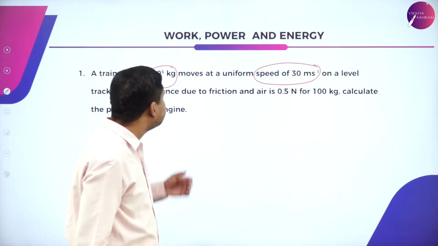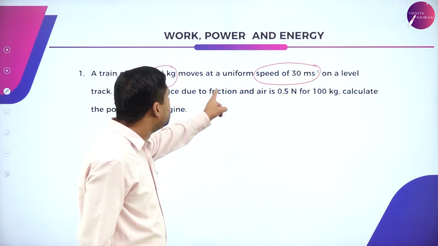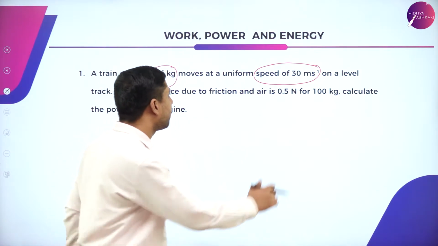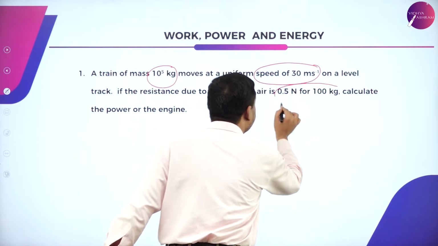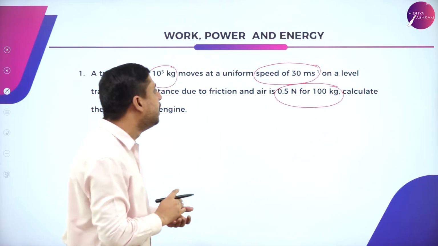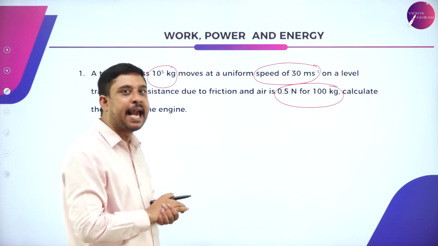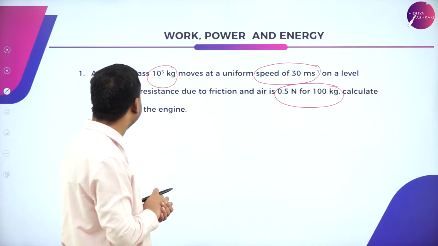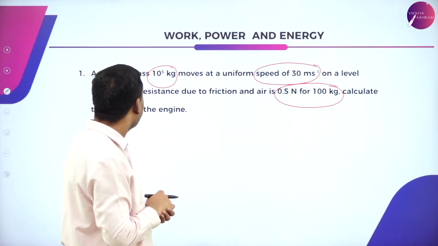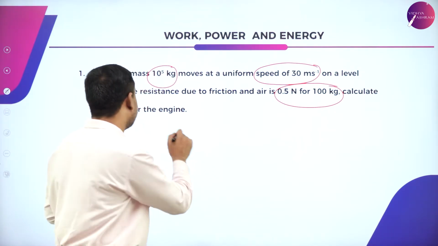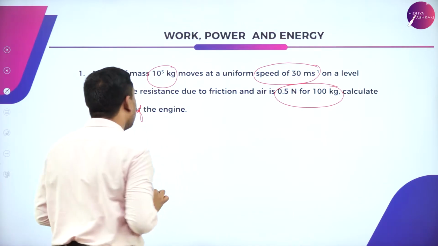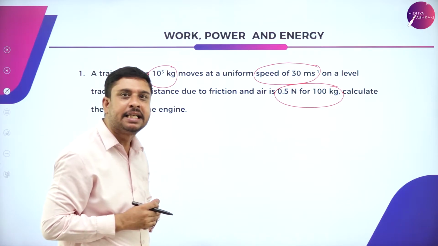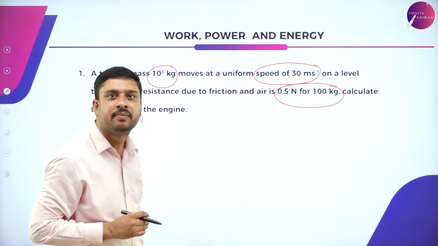If the resistance due to friction of air is 0.5 Newton for 100 kgs, I have to calculate the power of the engine. So the power of the engine has to be calculated in this case.